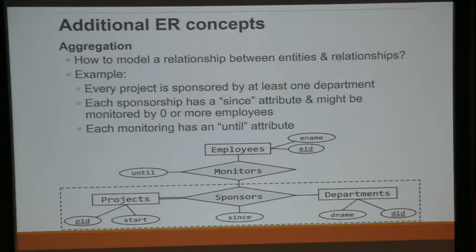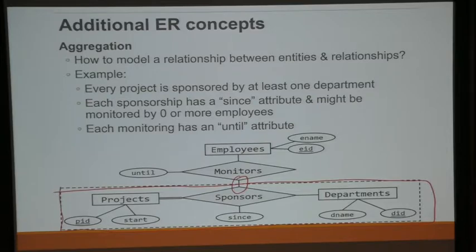This one is slightly different because you are connecting two relationships. Right? And what happens here is basically not that the monitors is relating between sponsors and employees. What it means is basically that the monitors is actually connecting to this aggregate entity. You think of them as one big single entity instead.